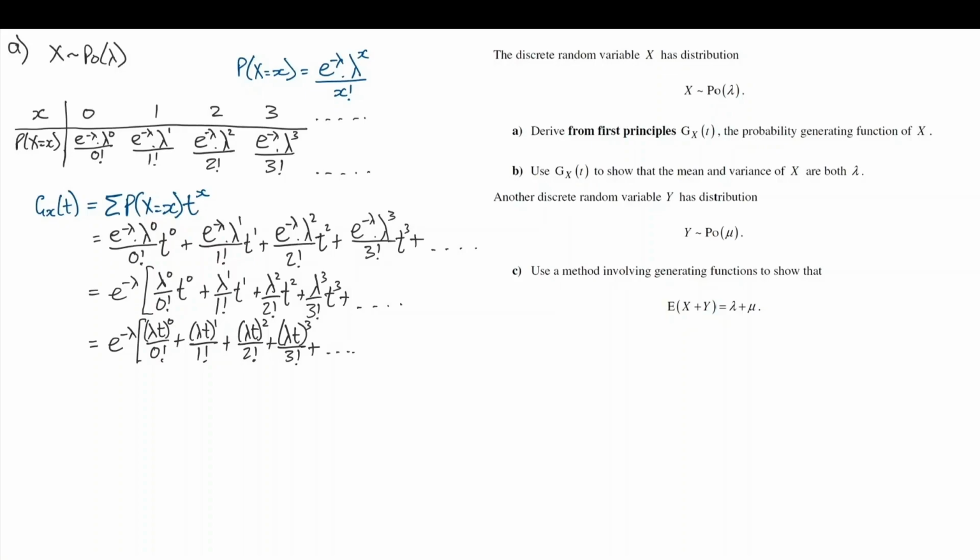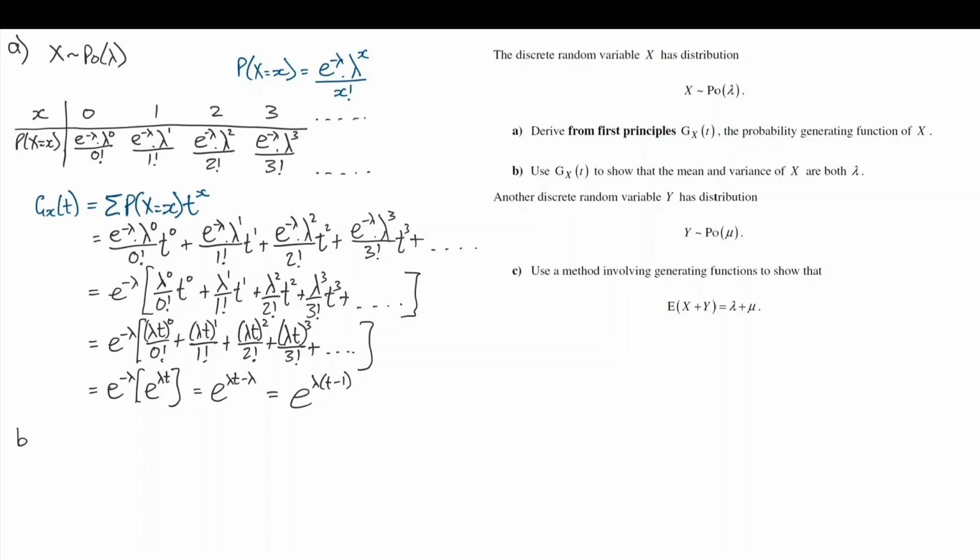Okay, so usually this would be x to the 0 over 0 factorial, x to the 1 over 1 factorial. So instead of e to the x, we're going to have e to the lambda t. So e to the negative lambda times e to the lambda t. Okay, writing that as one term, e to the lambda t minus lambda, and then we can factorize out lambda.